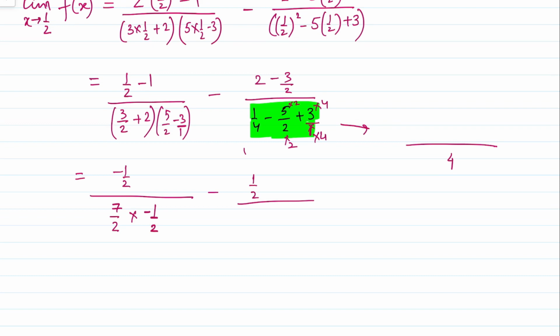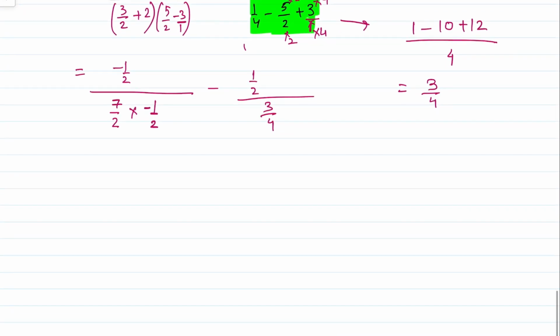So that is going to give us 1 minus 10 plus 12 over 4, which is equal to 3 over 4. All right, so that gives us 3 over 4. Now let's solve further. It's going to give us minus half over minus 7 over 4, minus half over 3/4.